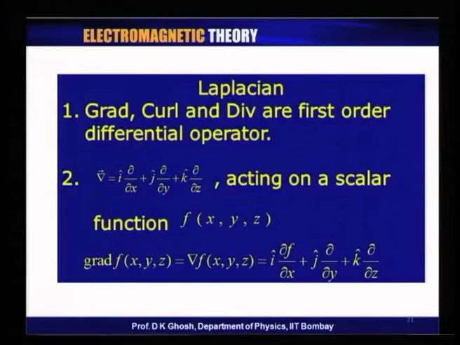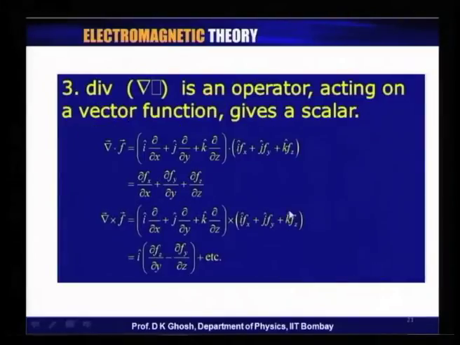When it acts on a scalar function, we call it grad, which gives me i df by dx plus j df by dy plus k df by dz. Divergence, del dot, is an operator acting on a vector function, gives me a scalar, and we had shown del dot f is d f x by dx plus d f y by dy plus d f z by dz.